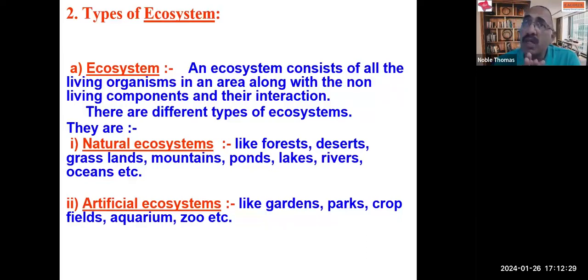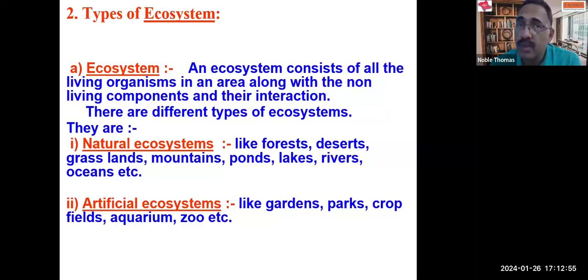We use only one component of the ecosystem in an aquarium, and that is the consumers. We don't grow plants in an aquarium, so producers are not there. We don't keep microorganisms for decomposing the waste material in an aquarium, so the decomposers are also missing.